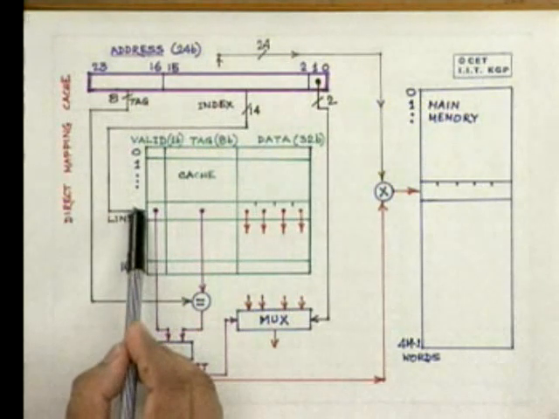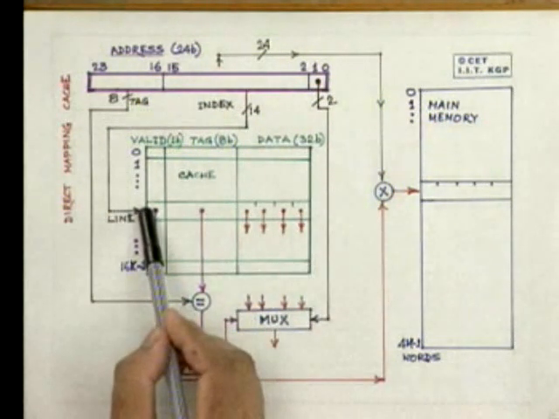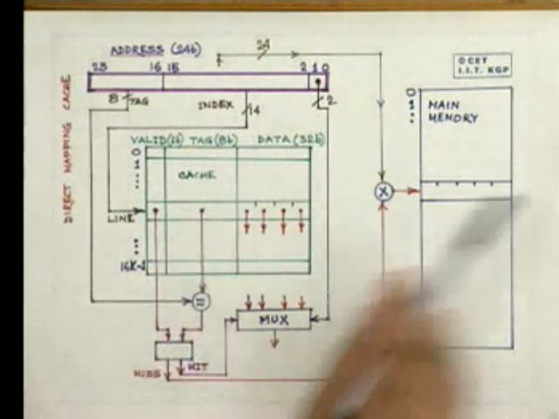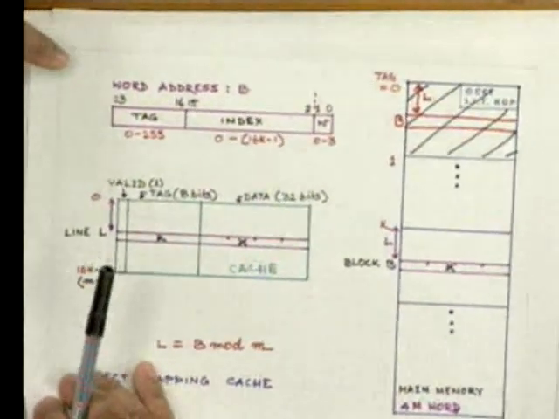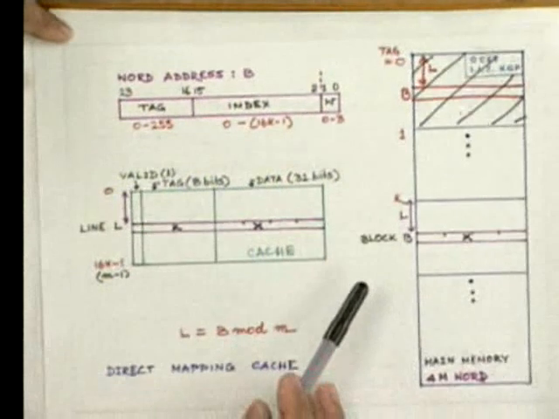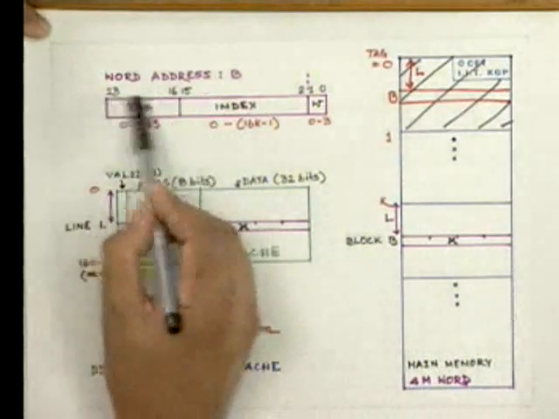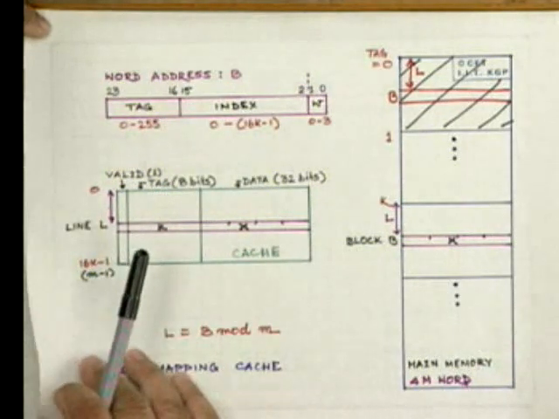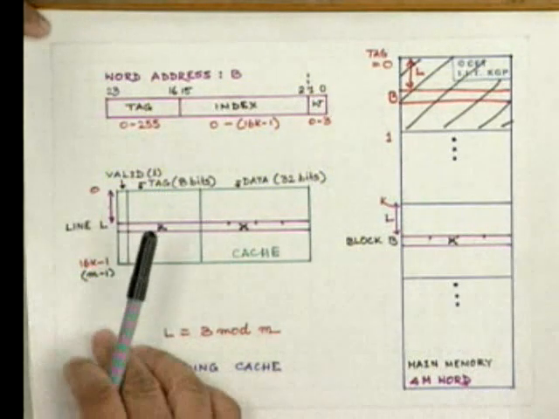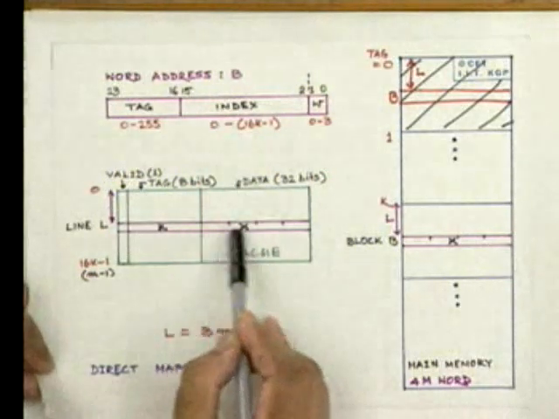When it comes to the cache memory, then it has to see whether the tag bit is matching with that address's tag bit or not, to know which particular block's content is here.